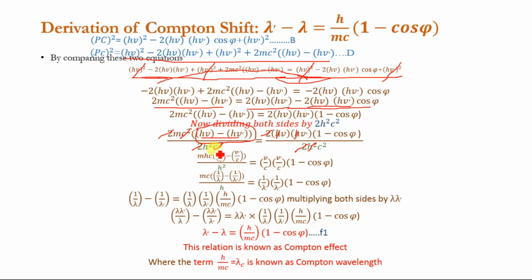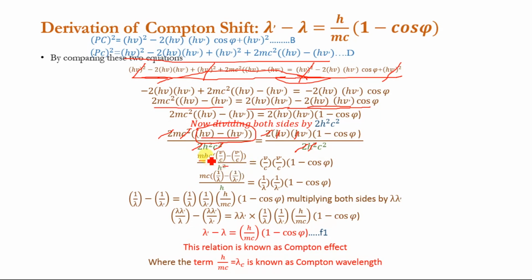By taking hc common from this term, we get mhc. After taking common hc, this becomes μ/c, and this becomes μ′/c. So we have mhc into (μ/c − μ′/c) whole divided by h².